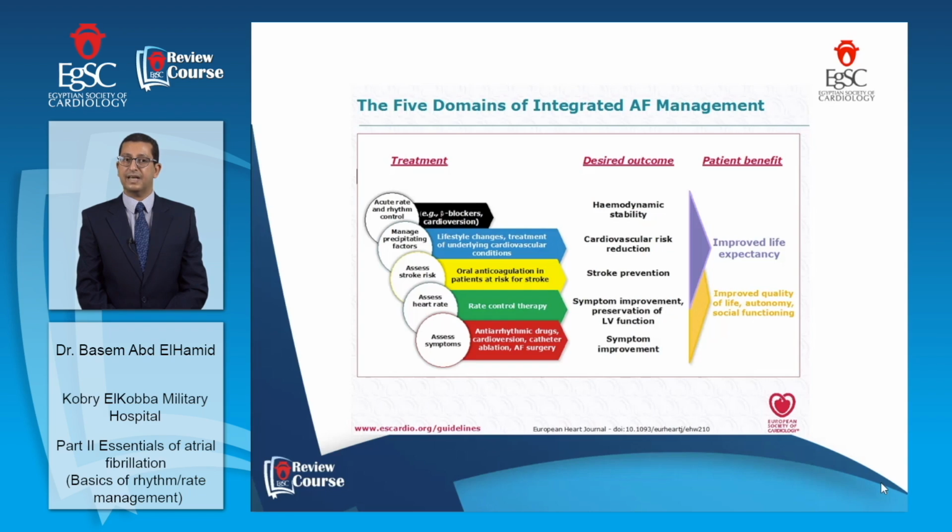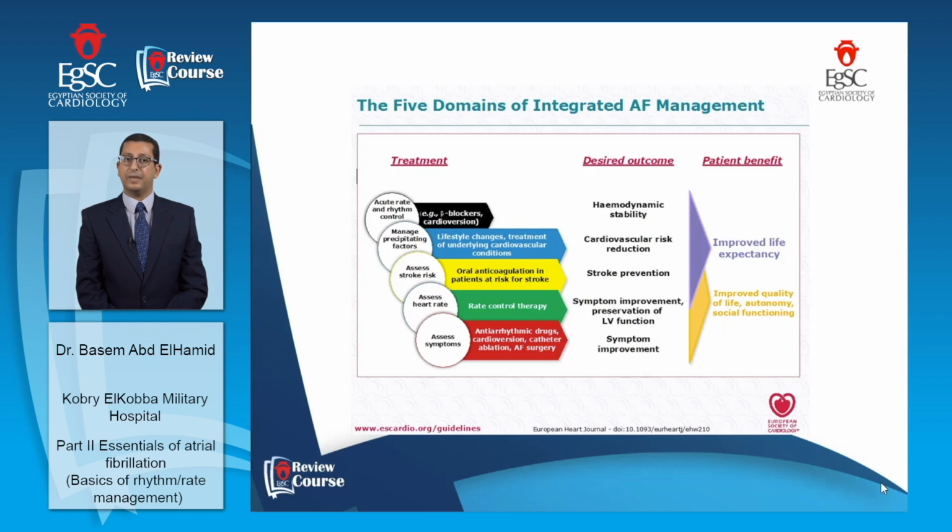The third is to assess the stroke risk and give oral anticoagulation in patients at high risk for stroke, the aim of which is stroke prevention. The first three lines aim at improved life expectancy.